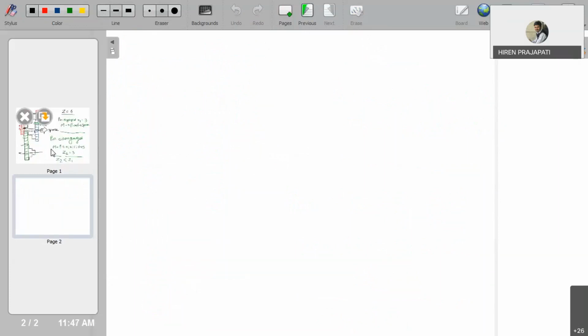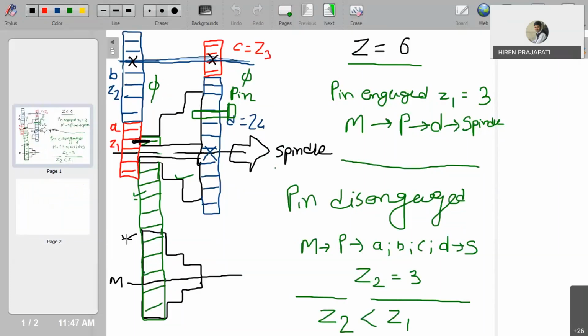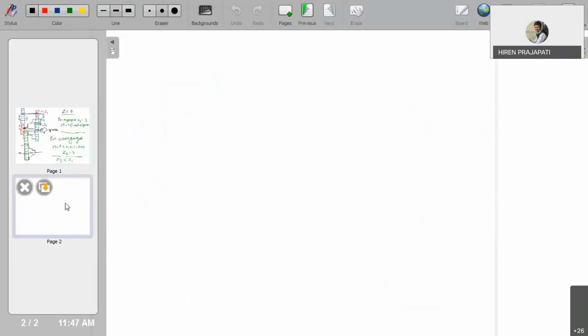How many vertical lines do we need to go for? If you look here, one shaft is for the motor shaft, the second is the spindle, and the third is now for the back gear. If you recall our previous lecture, we used only two lines to indicate the motor shaft and spindle shaft. But now here we have the back gear shaft as well. So that's why we'll be using three vertical lines.